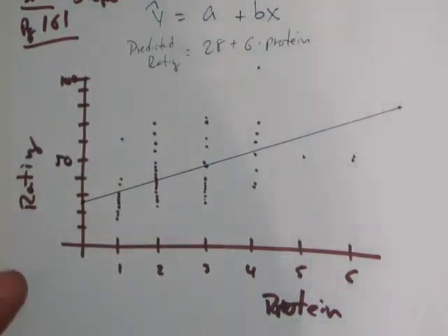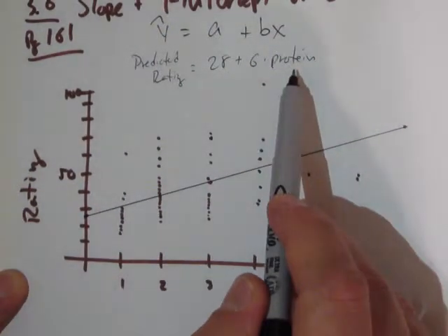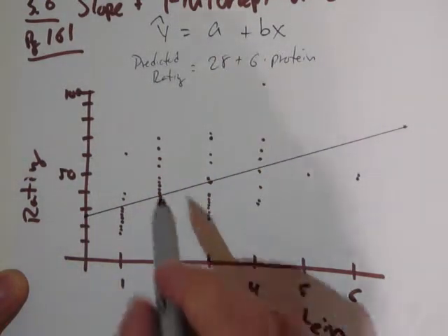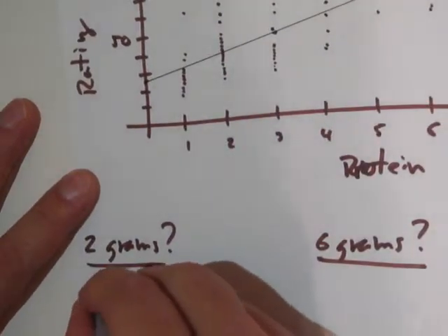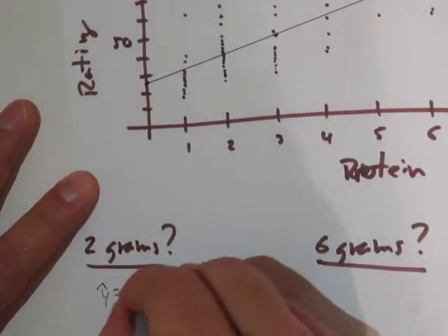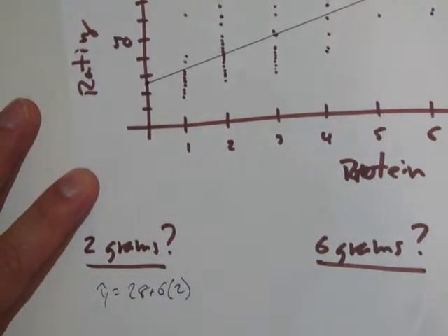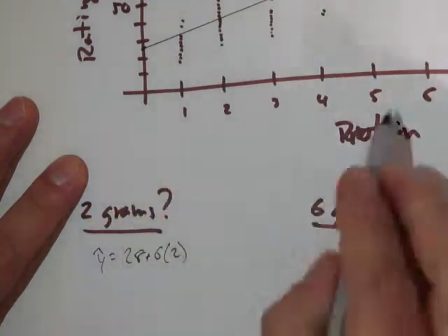What we can do is plug that 2 in. 2 is our protein, so 2 is our x. We can plug that 2 into this equation, and it will give us the point on the line right there. So y hat equals 28 plus 6 times 2, because our x is our amount of protein, 2 grams.